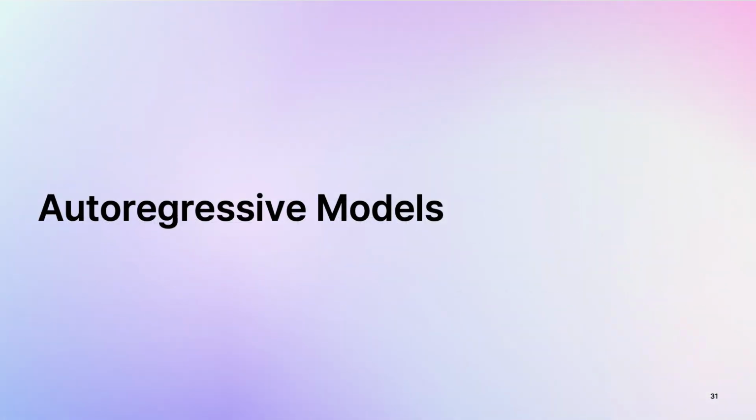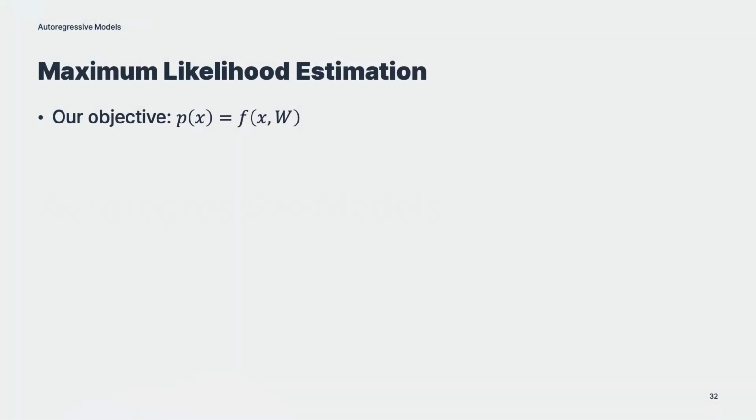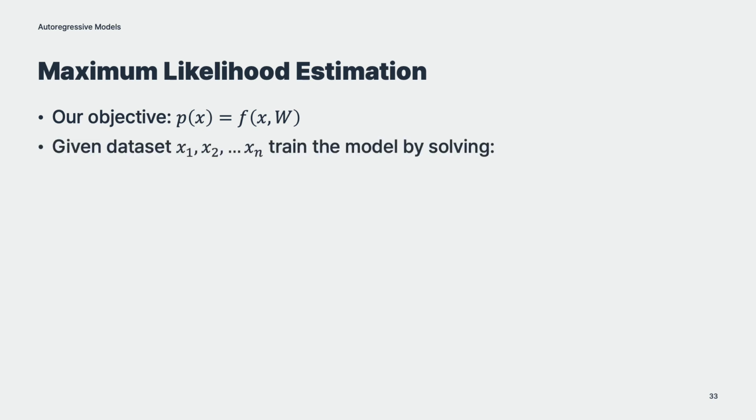First, we'll look at autoregressive models, an example of explicit and tractable generative models. The main goal of an autoregressive model is to approximate P of x using a function like f of x and w. Suppose we have n data points from x1 to xn. We're going to train the model using these data points.